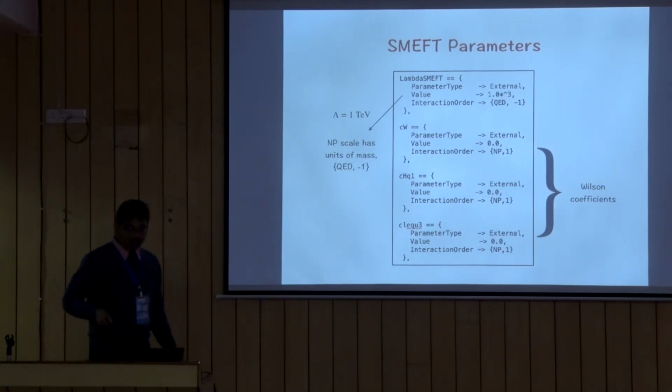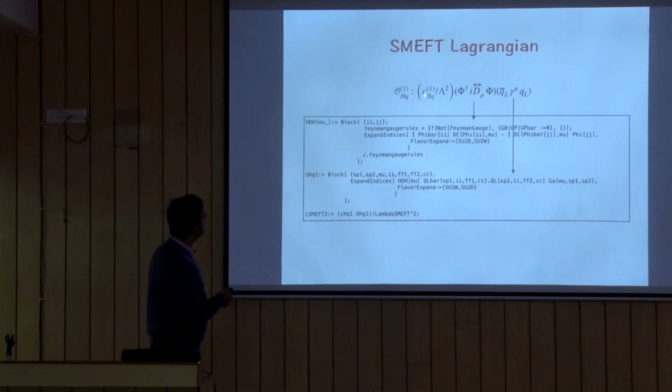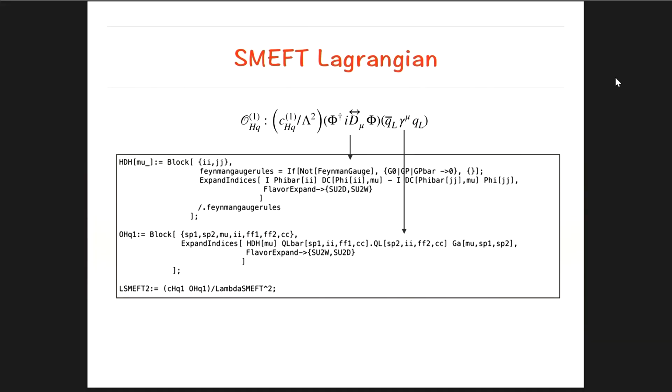Okay, all right. So this is the operator which I was telling you, that we have this C1 HQ lambda square phi dagger i D mu phi QL bar gamma mu QL. So what you can do is define these two parts separately. Phi dagger i D mu phi is the part where you have to include the Higgs doublet.